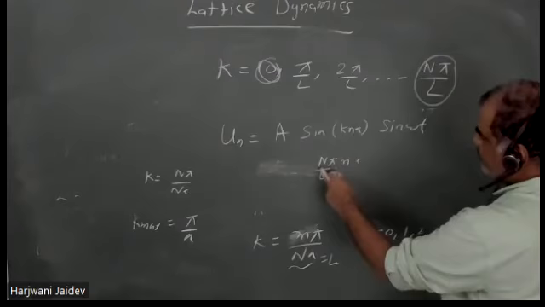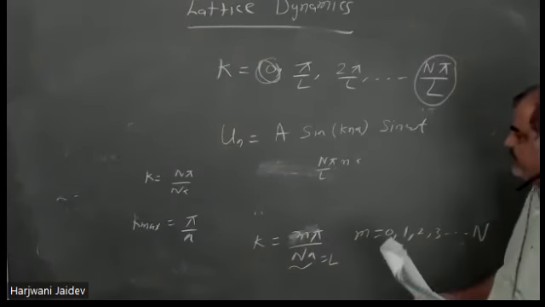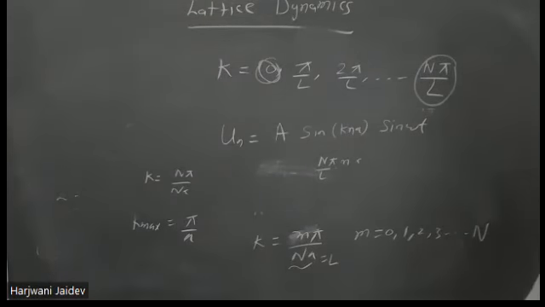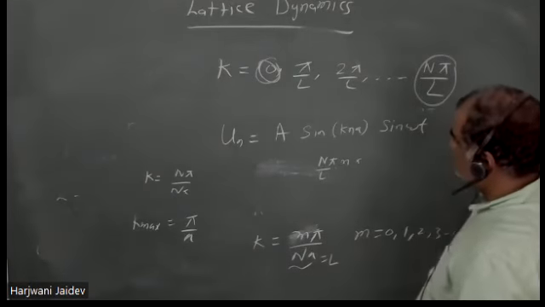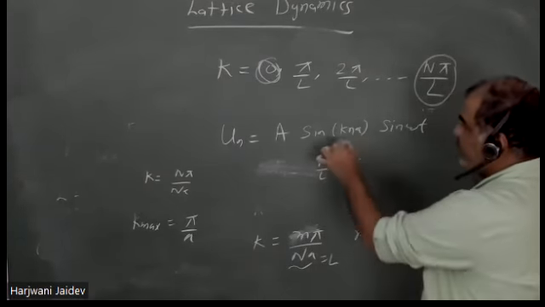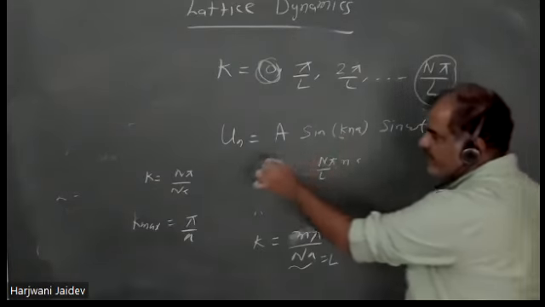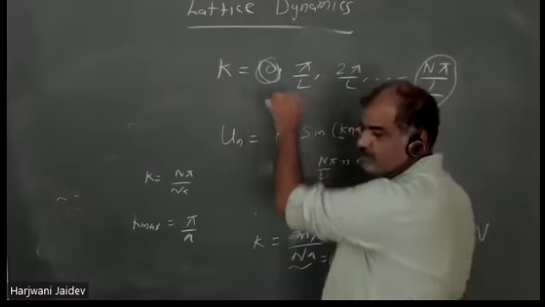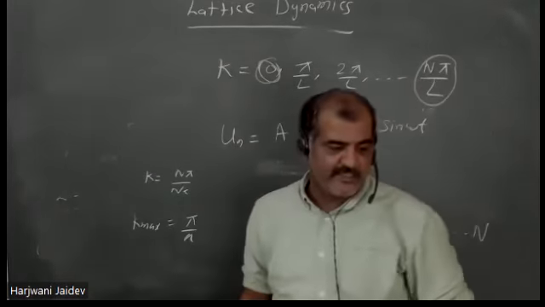So what will become now? यहाँ से क्या आएगा हमारा? बताओ. That will be sin simply. Sin is equal to pi. So this expression also will give me the same condition what we are getting with 0, that all the atoms are in rest state.